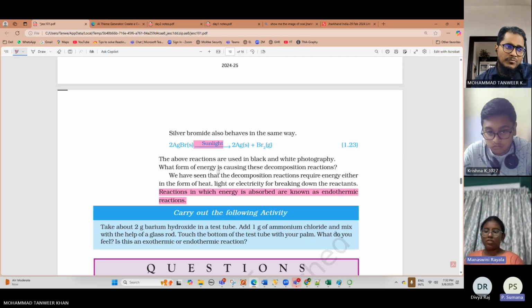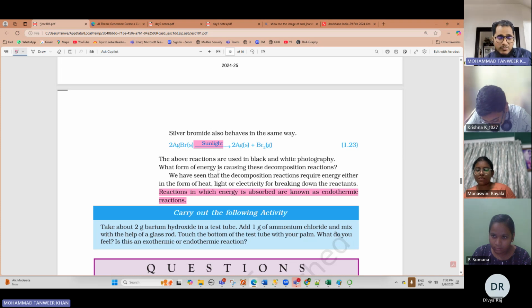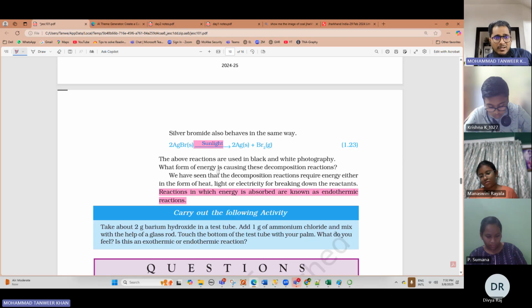Exothermic reaction, where heat is evolved. Correct. In exothermic, you will get the heat. The heat will be released, or heat will be produced, or heat will be evolved. But in endothermic, you have to supply heat. You have to provide heat. That heat will be in the form of sunlight, or directly you burn it, or you apply electricity. Those are known as endothermic reaction.